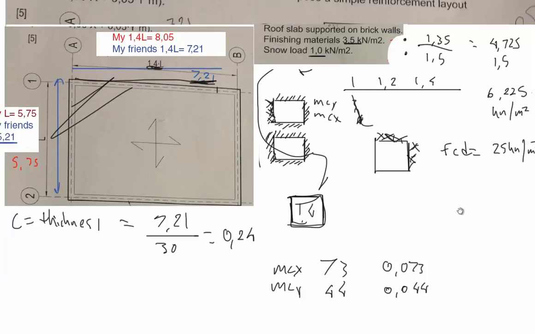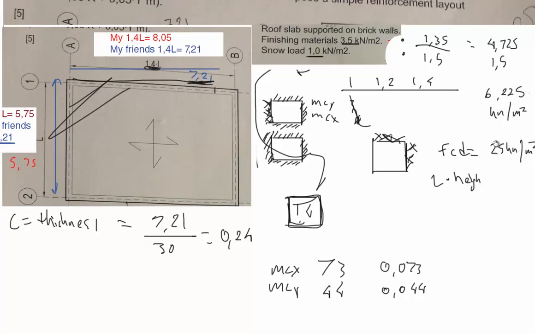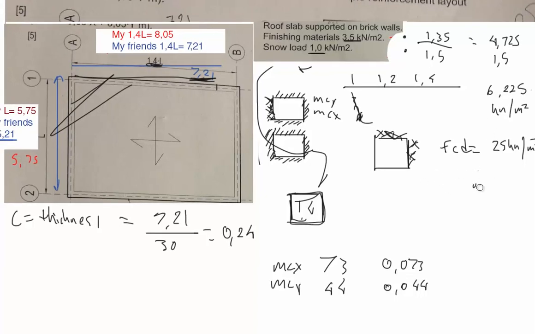So then I assume we're going to have the length times the height. No, probably not. Okay, now I realize what it is. So no, that's not what we're going to do.